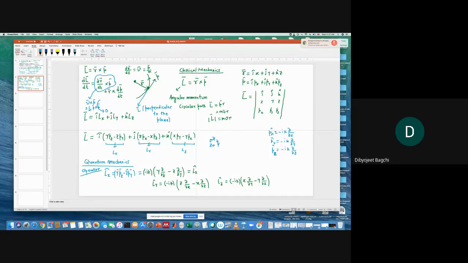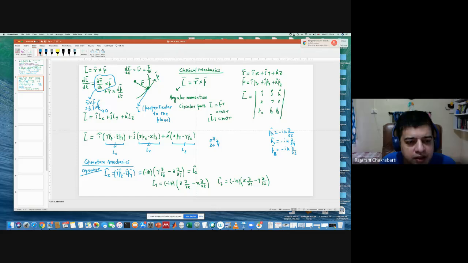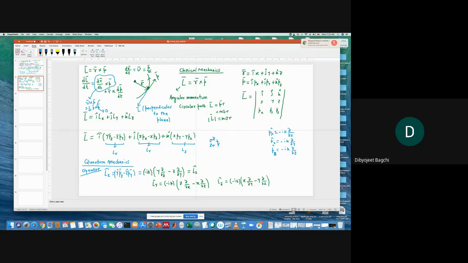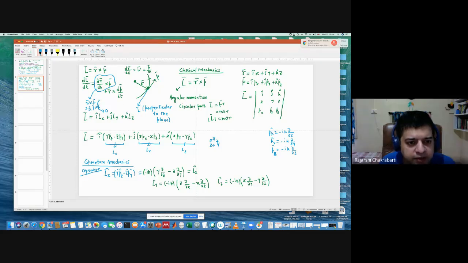Sir, we can do it with an alternative method as well. We can say it's a central force problem, so torque will be 0 on the system. Okay, I'm going to use the central force problem here. What about this guy, r cross dp/dt? The rate of change of momentum, you know what that is. Newton's equation: this is r cross force.